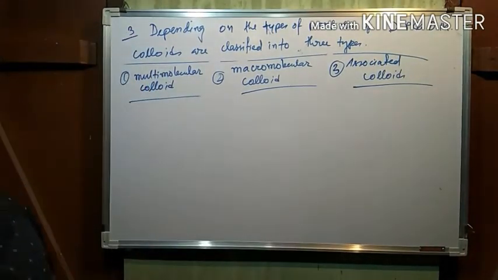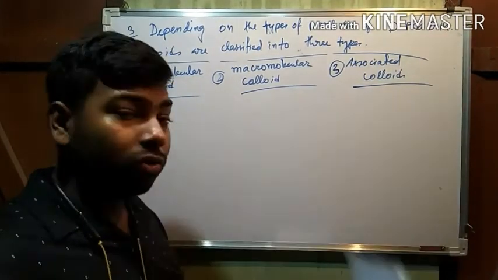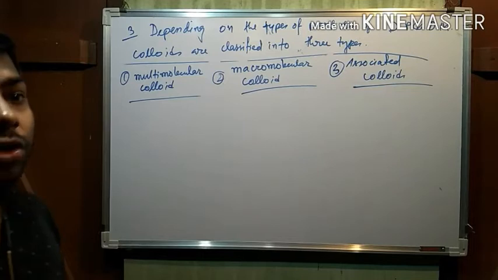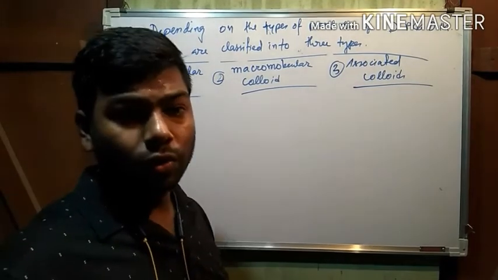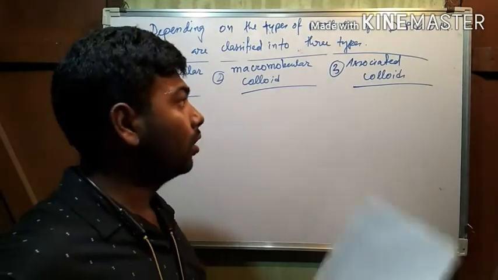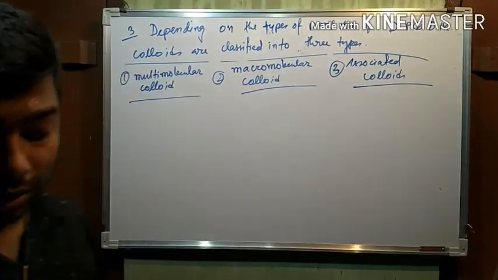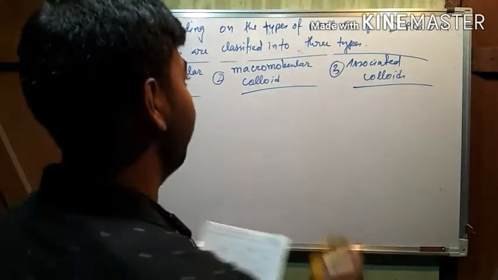Second one is the macromolecular, macro means bigger molecule. Next, associated means two or more molecules of colloids are joined together to form an associated colloid. Now let us see individually what these are.